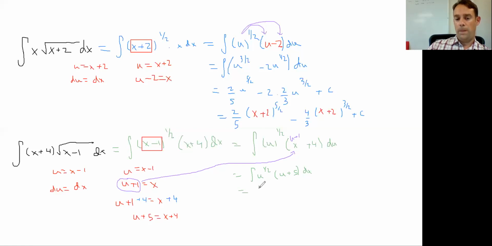And we're going to distribute it in. So u to the 3 halves plus 5u to the 1 half du. So 2/5 u to the 5 halves plus 5 times 2/3 u to the 3 halves plus c.